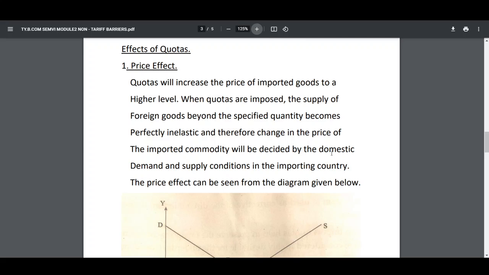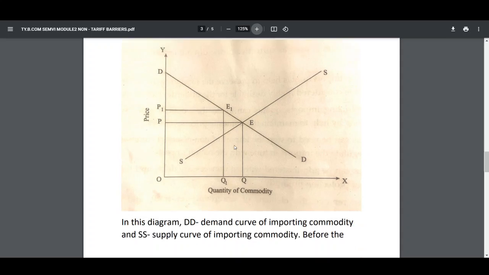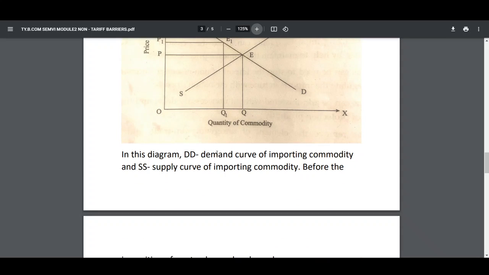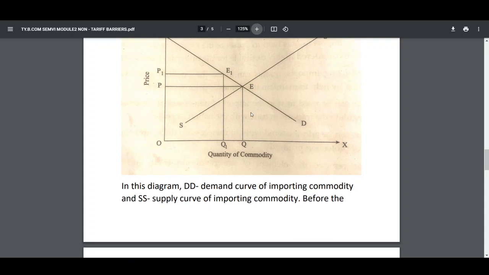Domestic means our own. The price effect can be seen from the diagram given below. In this diagram, DD is the demand curve and SS is the supply curve of the imported commodity. E is the original equilibrium point where the demand and supply curves intersect.